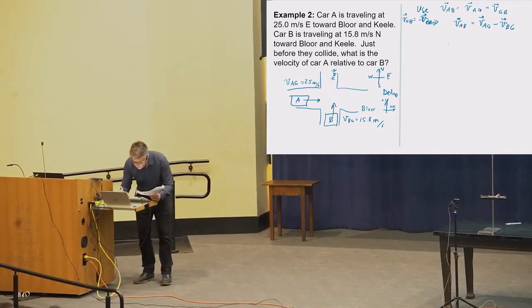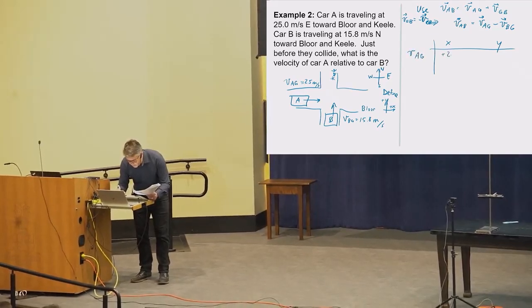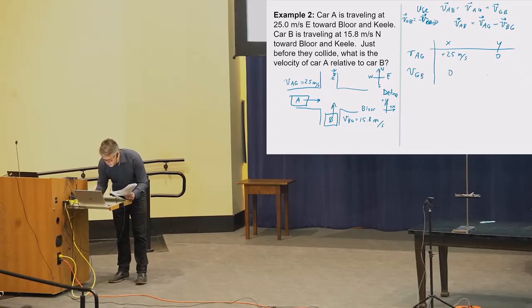So then I'm going to use components. There's an x component and there's a y component. VAG is plus 25 meters per second in the x direction and 0 in the y direction. VGB is 0 in the x direction and negative 15.8 meters per second.